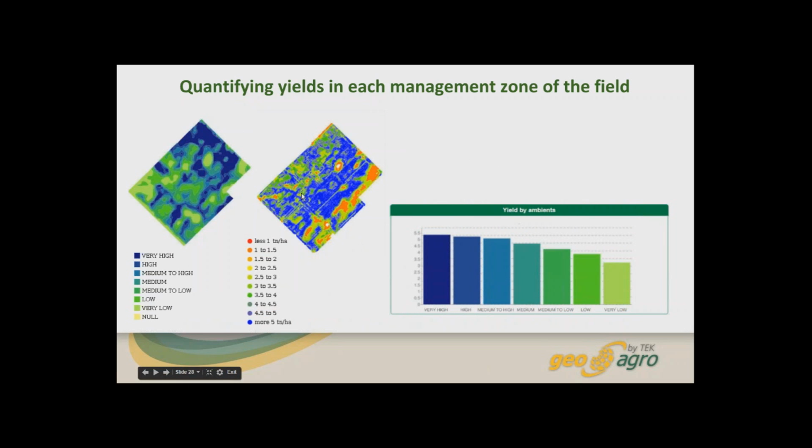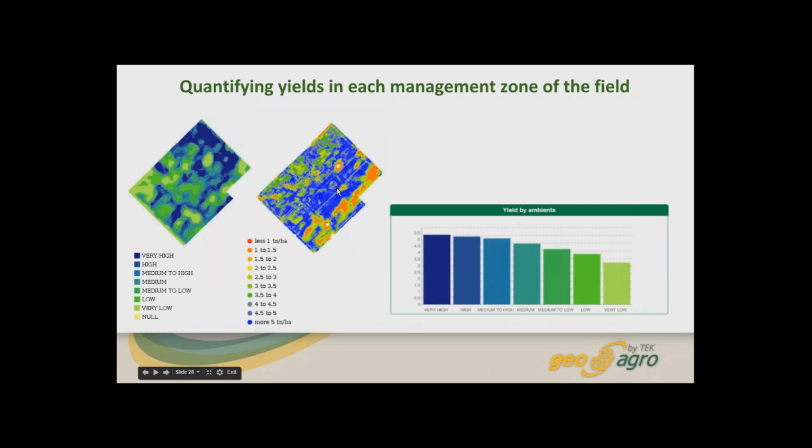Also, it allows us to quantify the yields in each management zone. If we are using productivity maps based on remote sensing to see the areas with consistently high yields and areas in green with low yields, we can then use the yield maps to quantify how high or how low they actually were.